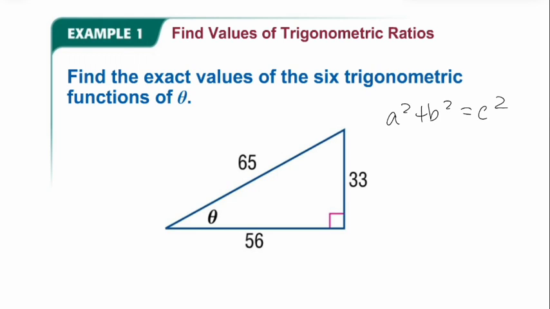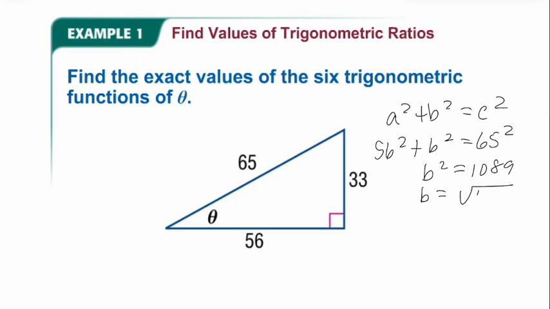So if you were to figure out the missing side of 33, you would have to go 56 squared plus b squared equals 65 squared. 56 squared is 3136. 65 squared is 4225. When you subtract those, you get 1089. So the square root of that is indeed 33.